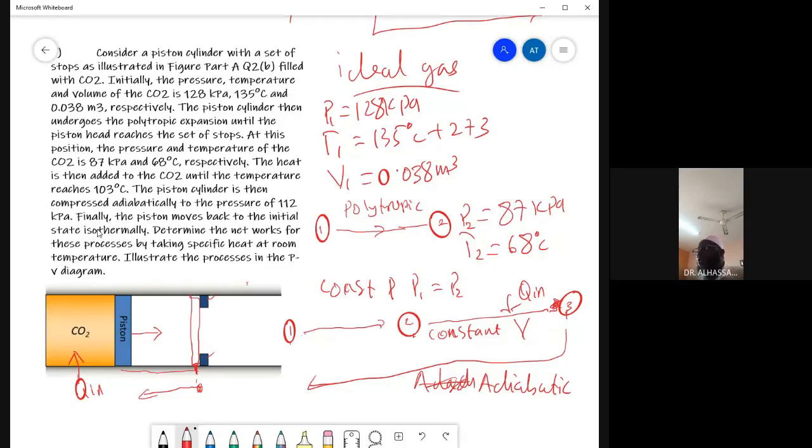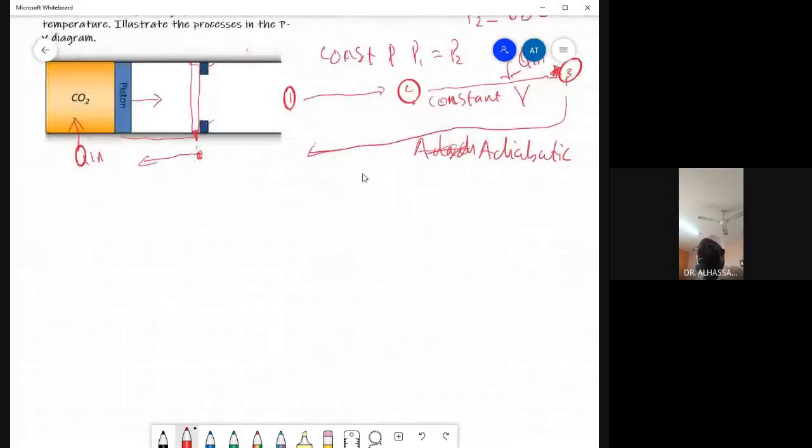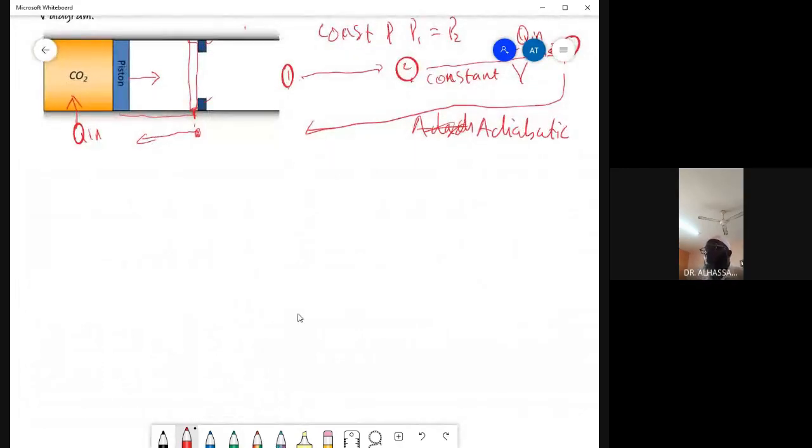So let's say if you want to draw the diagram for this process, the PV diagram for the whole cycle is going to be this. Initially, we have a polytropic process.